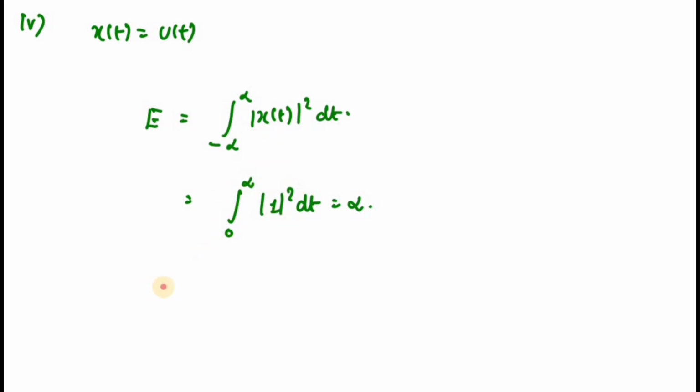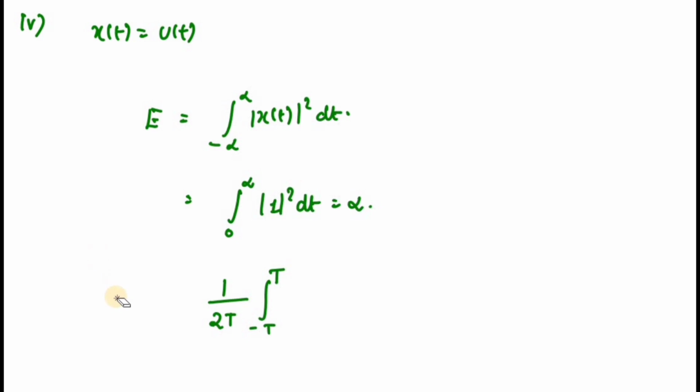Right. So if I find the power, power is equal to 1 divided by 2t, integral from minus t to t. And I have a limit, right?